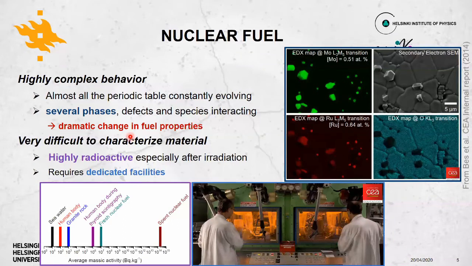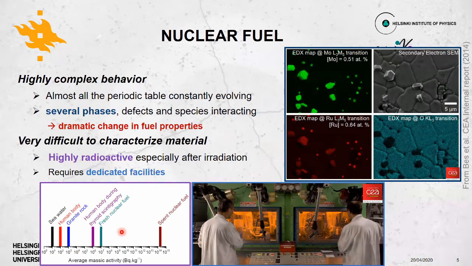Of course, it is a material which is difficult to characterize because of the complex composition, but also because of its radioactivity, especially after irradiation, which requires dedicated facilities. So you cannot bring these materials to any synchrotron radiation facility. If you look at fresh nuclear fuel, the radioactivity is 5 orders of magnitude above the average mass activity of you and me.